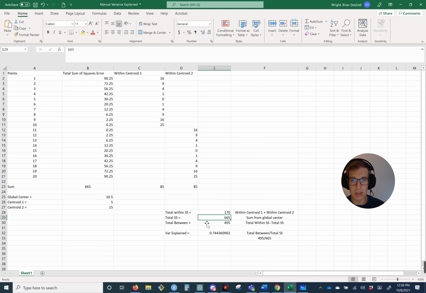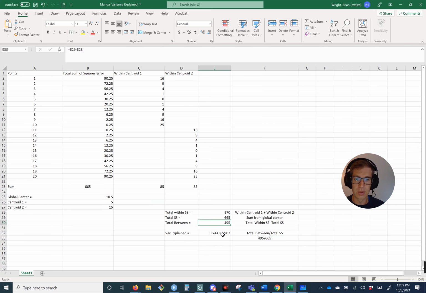And then we know our total sum of squares, right? We did that. That's the distance from the global center of all of these. All right, and then to get the total between, we just subtract the sum of the within from the total. And that's it. We get 495.